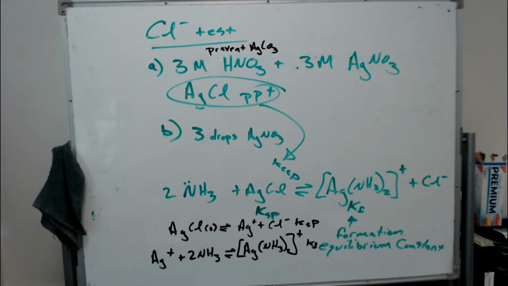For each of them, we compare the Ksp to the Kf. Whichever one has a Kf bigger than the Ksp, that one dissolves. And what we should find is only one of them dissolves. It's the AgCl.